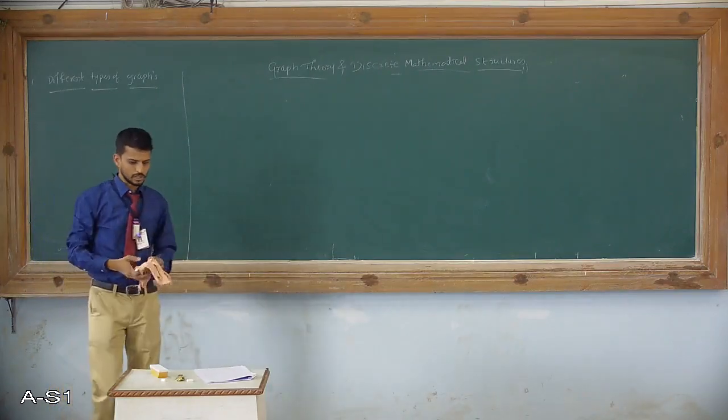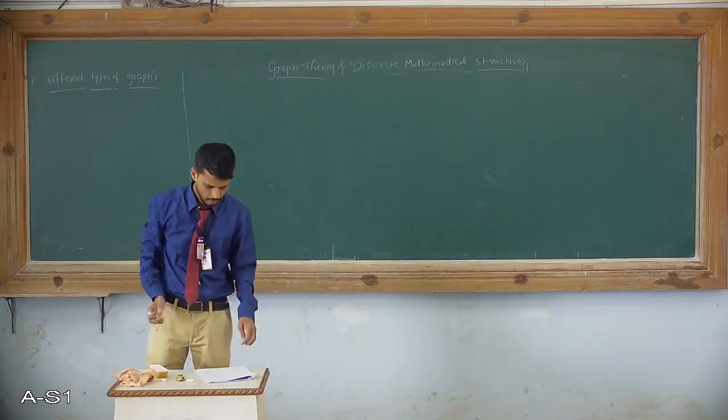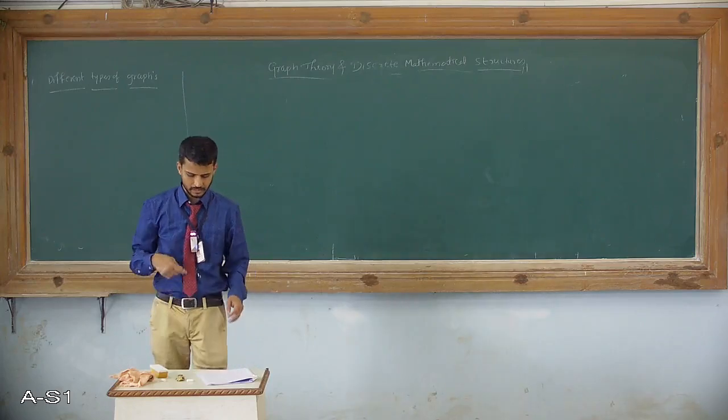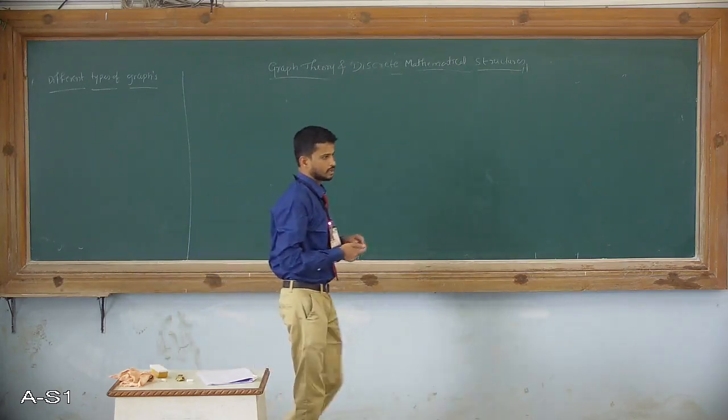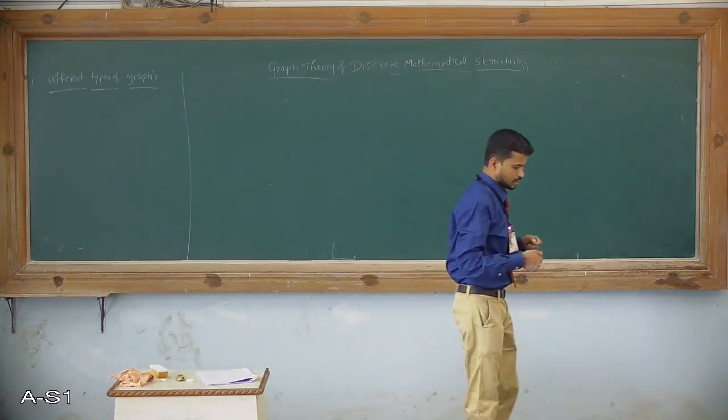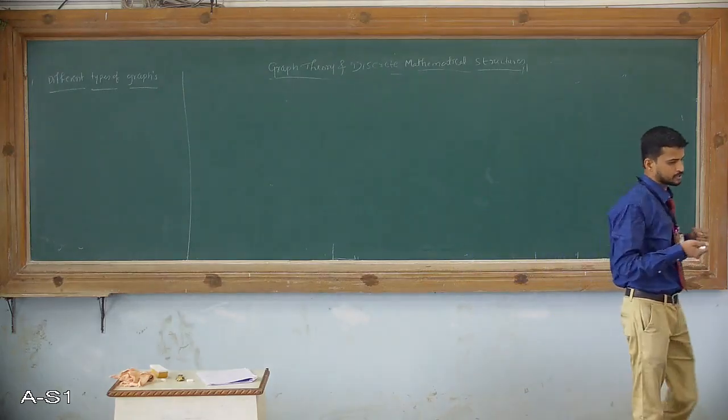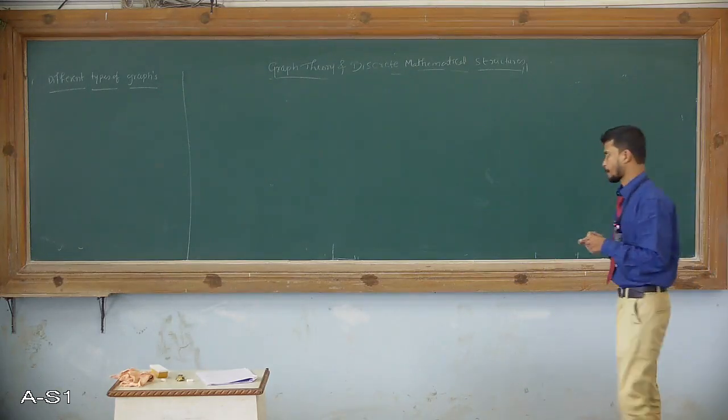Here I will not go into the theoretical definition, but I will explain term by term. That is, I will explain the different types of graphs by taking up some examples.